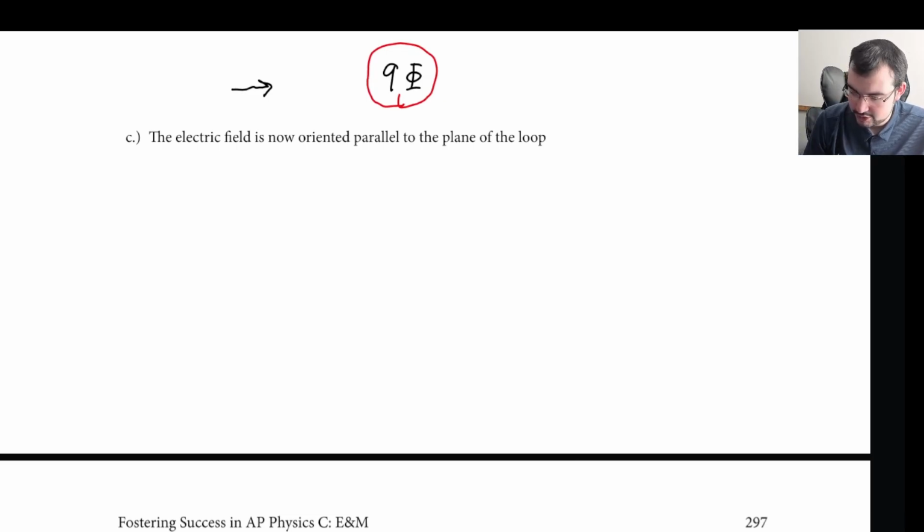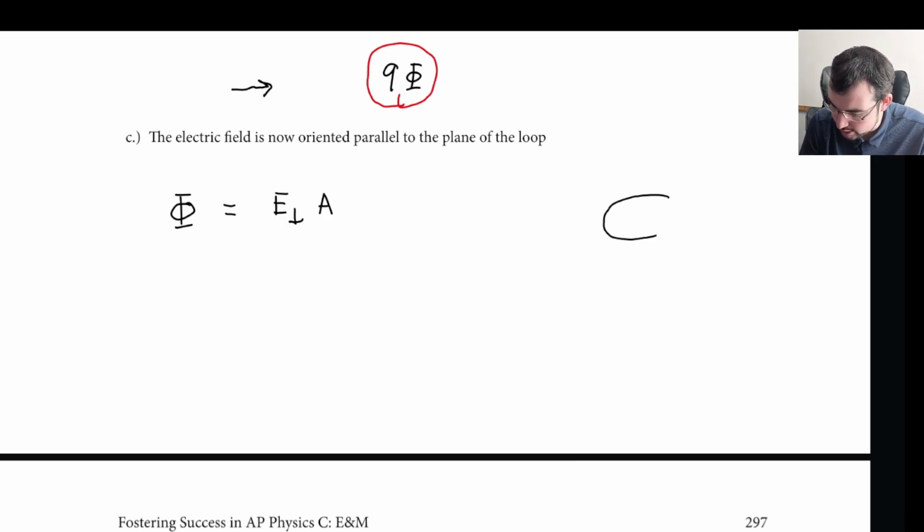And now the electric field is oriented parallel to the plane of the loop. So again, there's 3 ways to change the flux through a surface. You either change E, you change A, or you change how E and A are oriented.